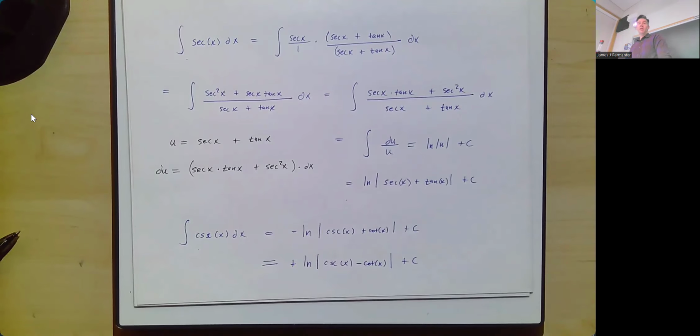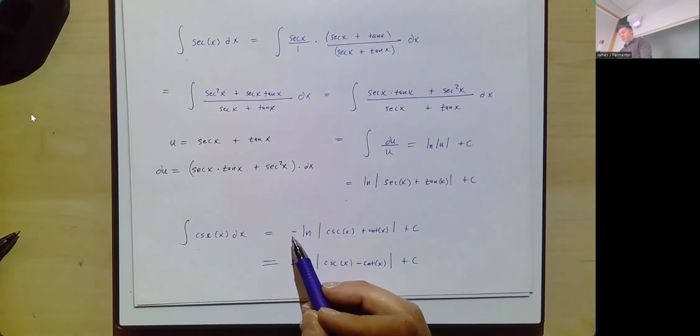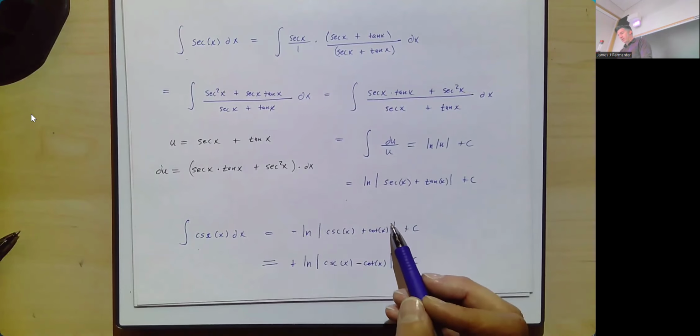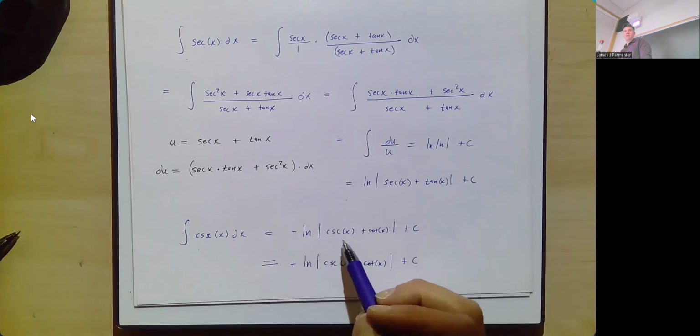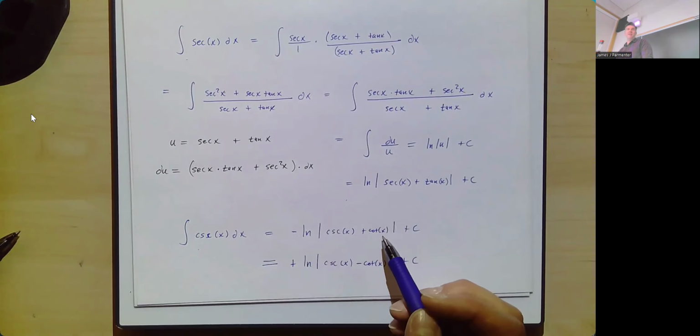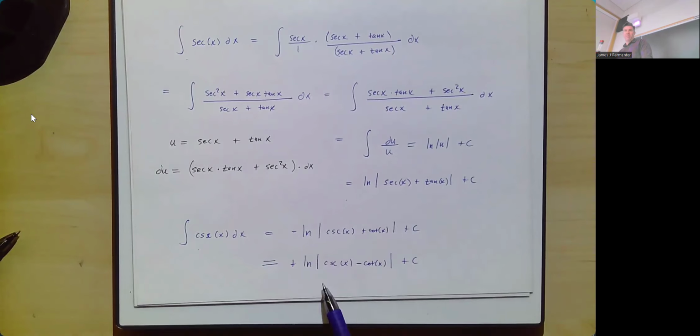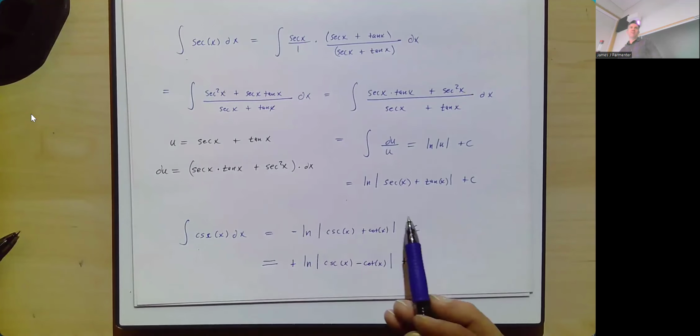It's kind of super funky, but basically what happens is if you bring this -1 up as the power here, and then write this as 1 over cosecant plus cotangent, you can do some trig identities magic and turn it into cosecant minus cotangent. I'm happy to show you that in office hours. It's not super important though. Just pick which one you want to memorize. I would do the first one personally. I think the first one makes more sense to me pattern wise.